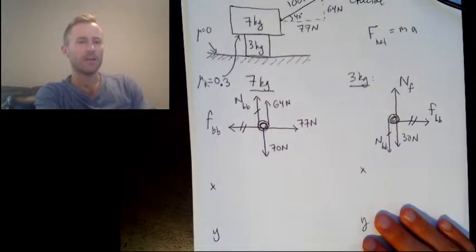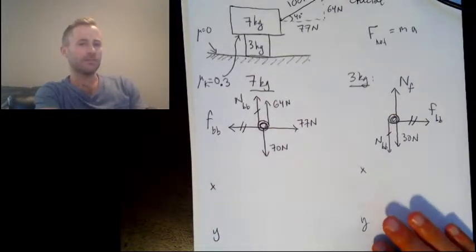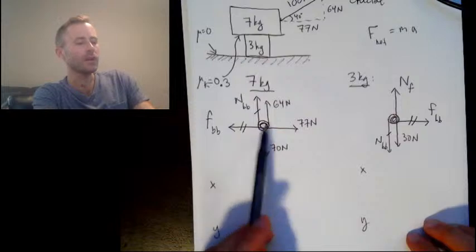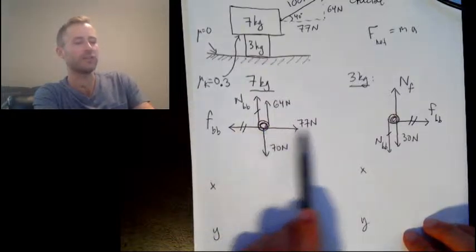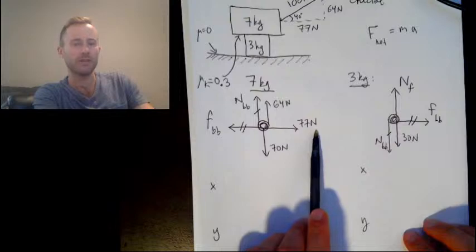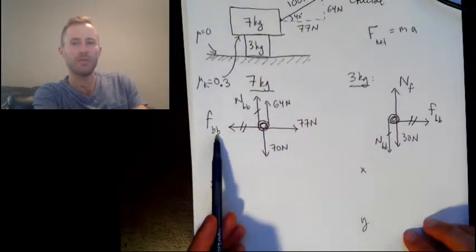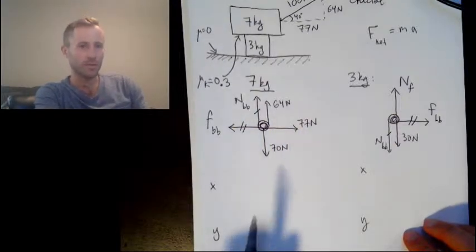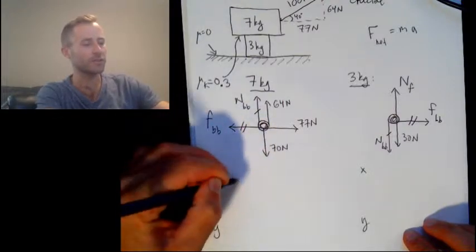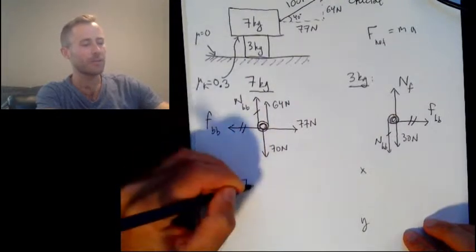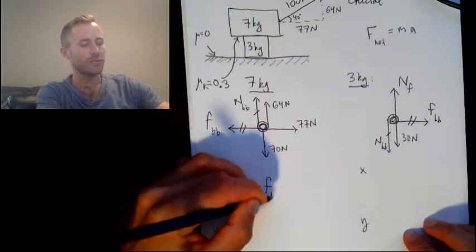So in the x direction, for the 7 kilogram block, I can see that it has 77 newtons pulling to the right, and it has FBB pulling to the left. So our net force in the x direction for the 7 kilogram block is 77 minus FBB.